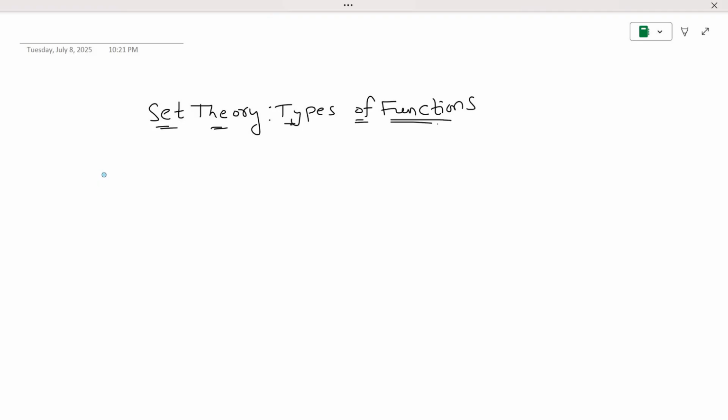These lectures will be useful. So let's start the lecture, set theory and types of functions. I will explain the concepts and also, in the subsequent lecture, I will solve the problems based on this topic.